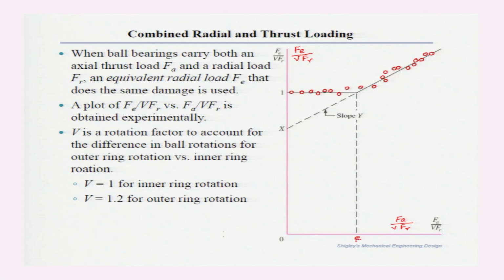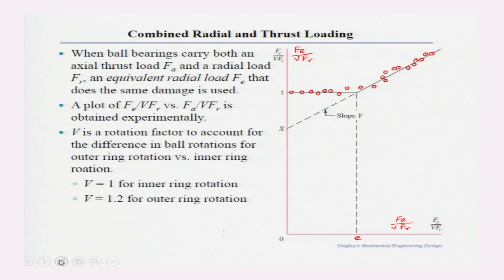So we may see that when Fa divided by VFr is less than or equal to E, then the value of Fe divided by VFr is equal to 1. Beyond that there is a linear relationship, and that linear relationship can be obtained from the intercept of this best fit line.